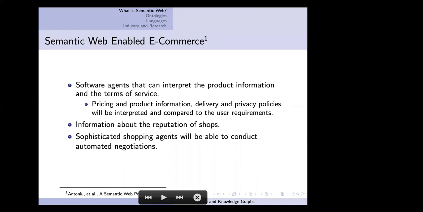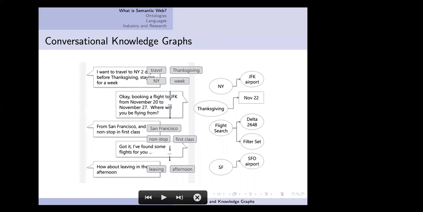Also reputations of shops, like ratings of different shops and products that you need to browse manually right now, but you could just do an automatic search by telling it, I only want to buy products that are rated at least 4 stars and so on. So something sophisticated is really needed there that would improve these shopping agents that have a lot of hard-coded stuff.